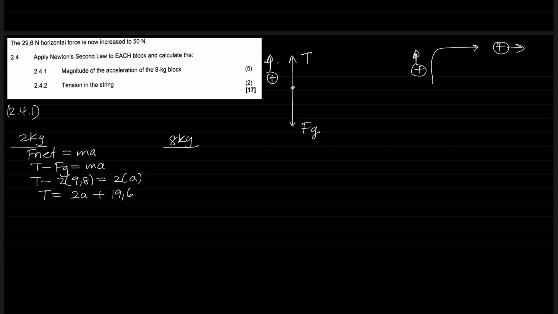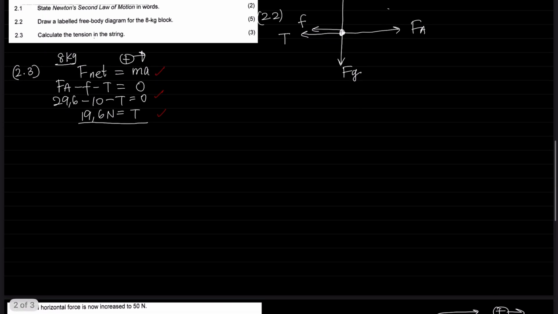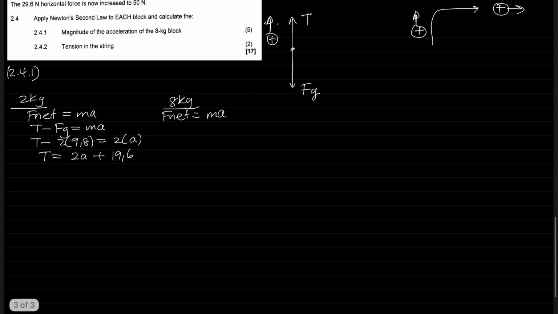Now for the 8 kilogram block, we'll do again F net equals MA, same thing as before. We're going to have FA minus F minus T equal to, now it's not 0 because it's not constant speed anymore, there's acceleration, so it's going to be 8A. Let's simplify.